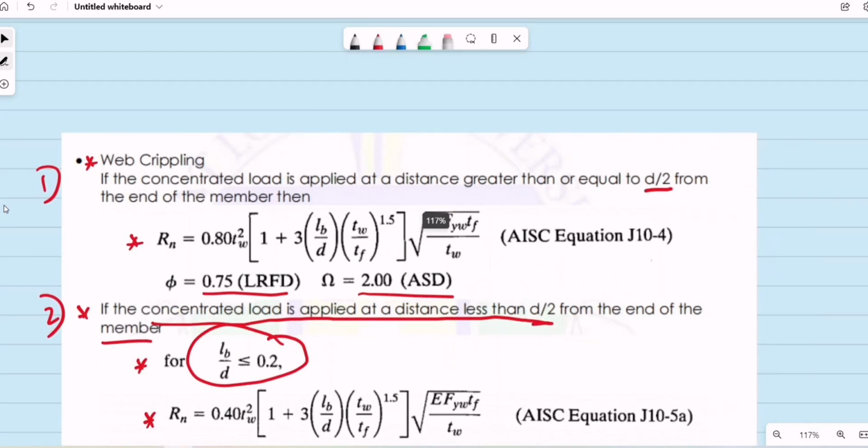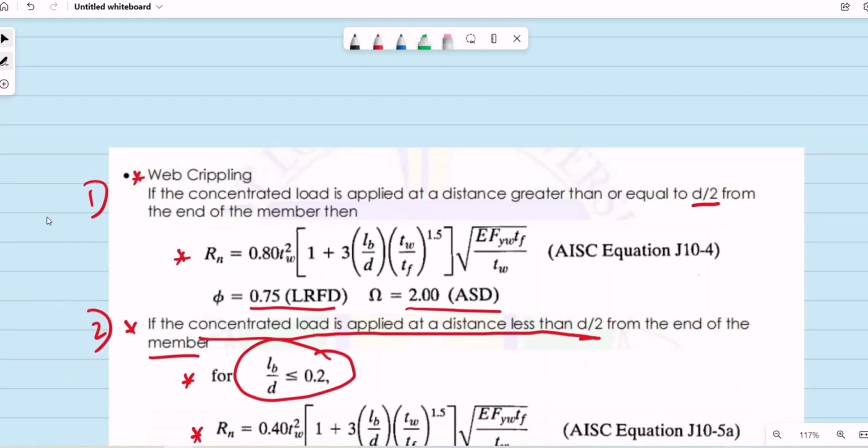Let's check our reference again. That will be the first equation. If the concentrated load is applied at a distance greater than or equal to d over 2 from the end of the member, then we'll be using this equation for Rn.